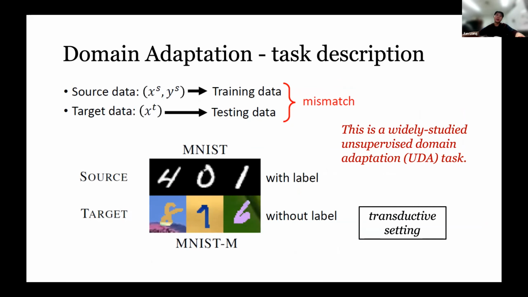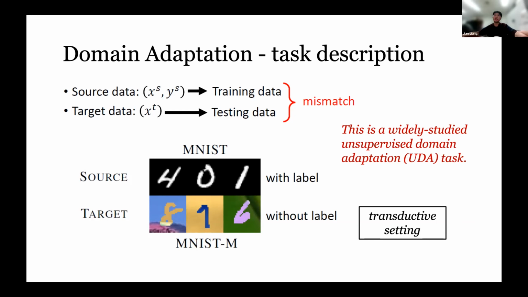And there is another domain called the target domain, which consists of many unlabeled data, XT, also known as testing data. When these two data distributions are mismatched, the performance is always bad on the target data.